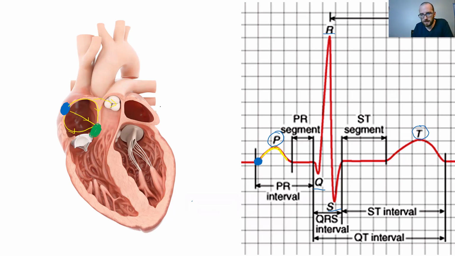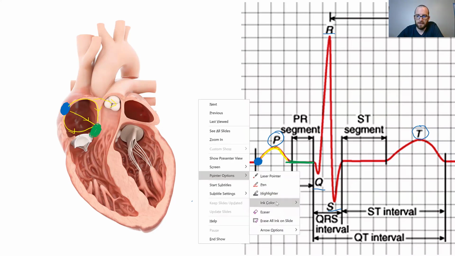So it holds up that electricity in the AV node. That's this little flatline part right there after the bump. That little flatline part. So it just holds the electricity. And then very quickly, it's going to send, choose a different color, orange.